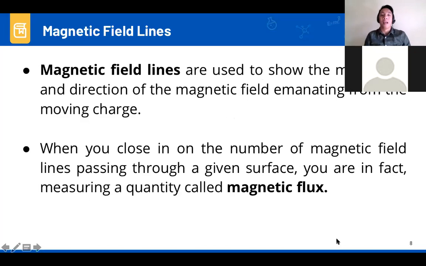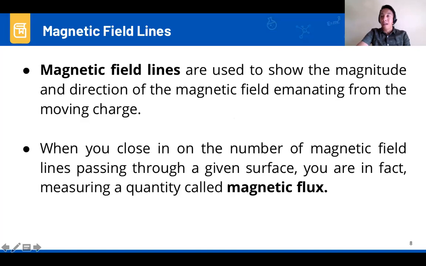Let's start. Let us first discuss what magnetic field lines are. Right? Magnetic field lines are used to show the magnitude and direction of the magnetic field emanating from the moving charge.